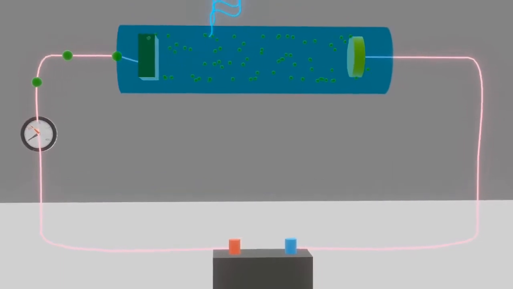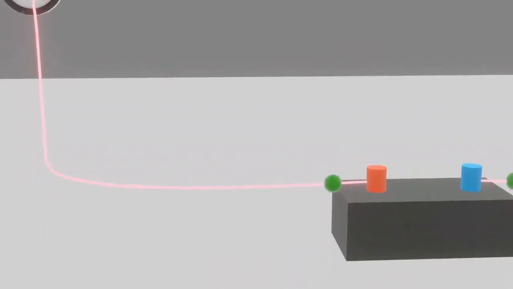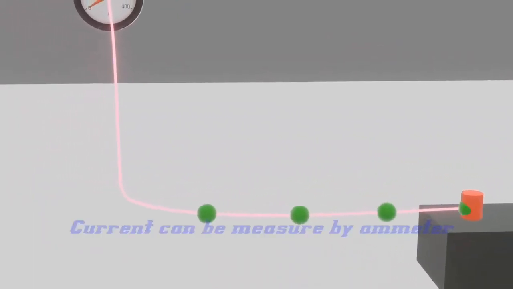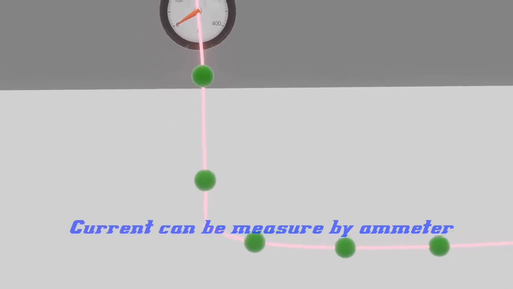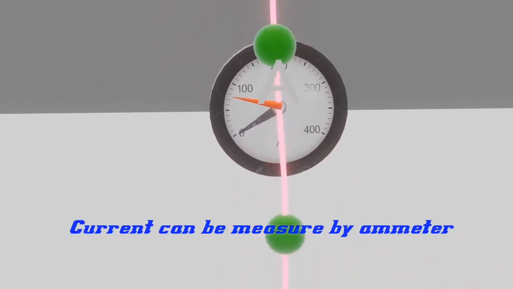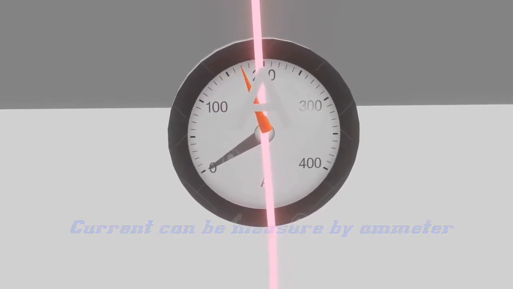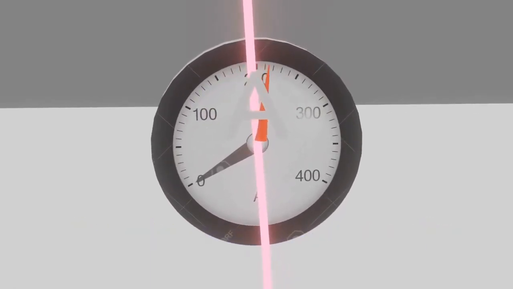If current flows through the circuit, the ammeter will detect some current. So as the electrons flow, current can be measured by the ammeter as shown. Therefore, by the method of photoelectric emission, current can flow through a circuit.